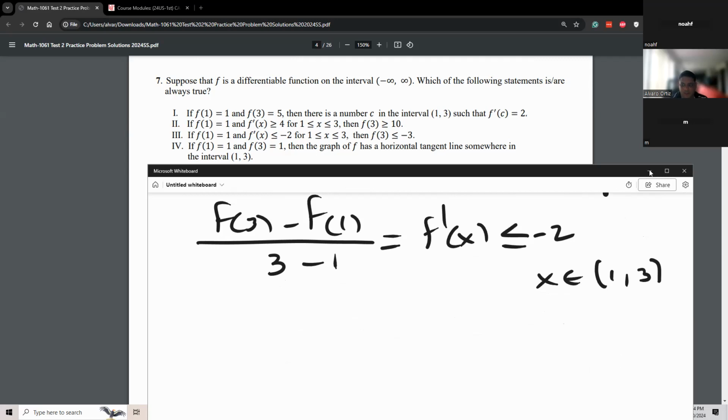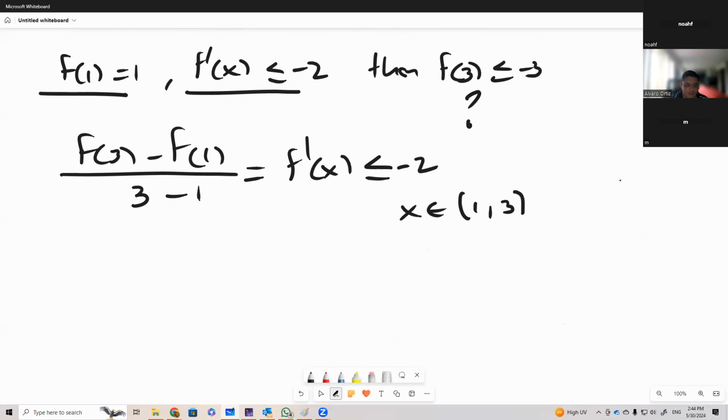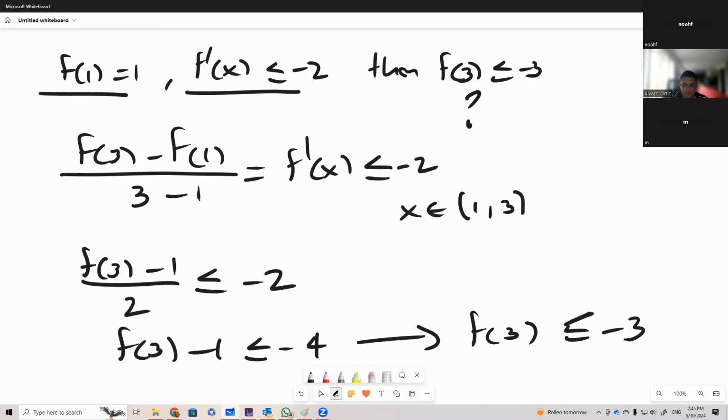I have that f of 1 is 1, so f of 3 minus 1 over 2 is less than 2. Can I solve for this? f of 3 minus 1 is less than, multiplying both sides by 2, 4. And then f of 3 is going to be less than 5. So this will be true.